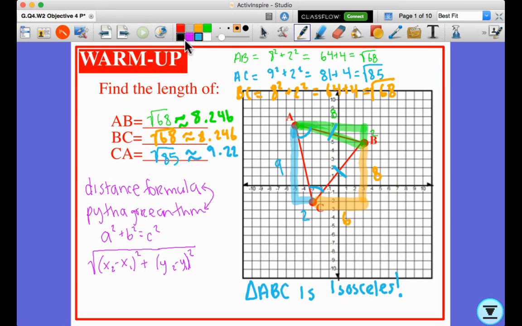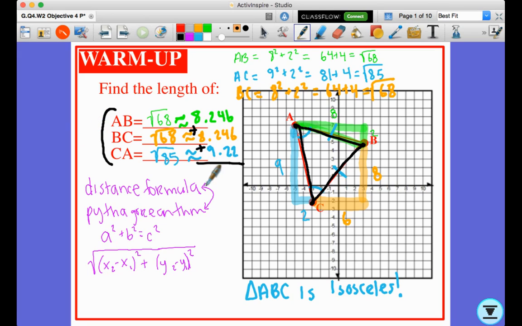So not necessarily the direction I was going with it, but we now have the length of all three sides of the triangle. What might we do with that? What is it called if you were to add these all together? Let's say I'm standing here and I walk to B, and then I turn and walk to C. So I walked the length of AB, the length of BC, and then the length from C to A. What is that called?